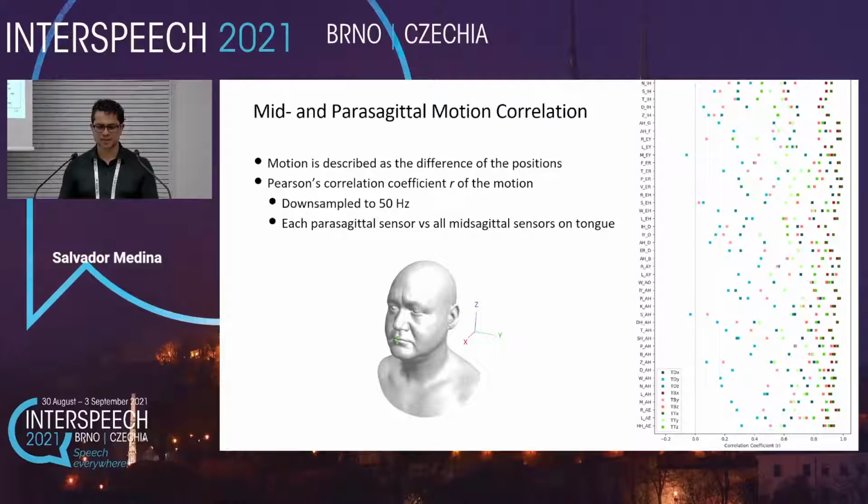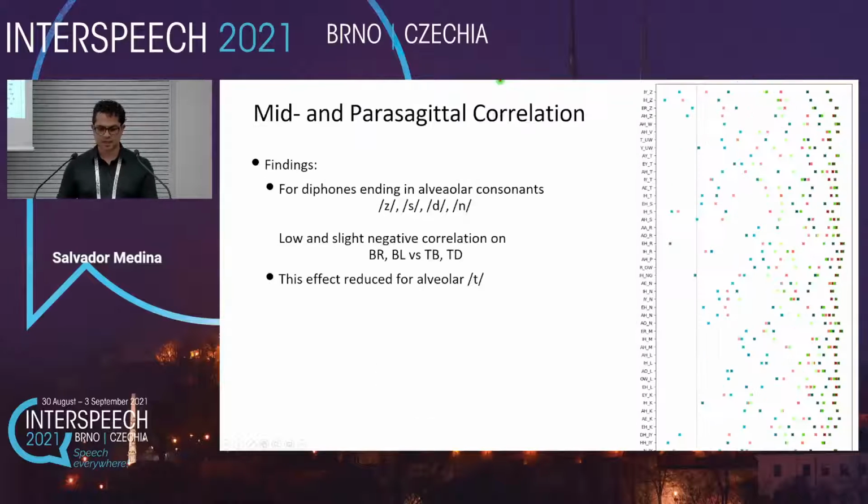So no surprise there. But what we really liked in these results is that if you look at the light shades of color, especially on the tongue dorsum and tongue blade, they have zero correlation. This line here is zero correlation, and on this side it's negative correlation. So there was actually something going on in the mediolateral direction for some diphones.